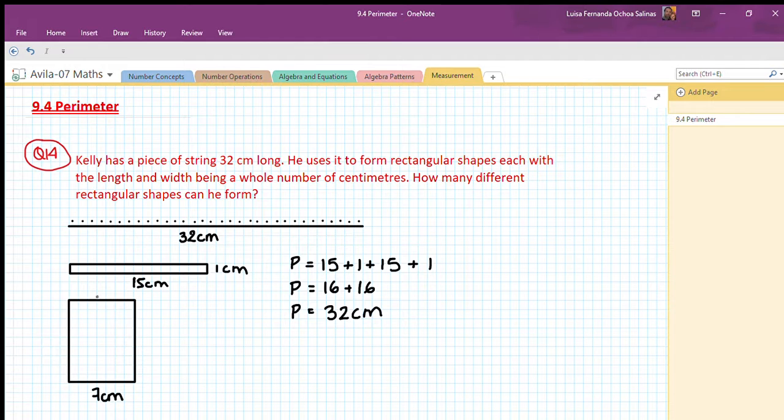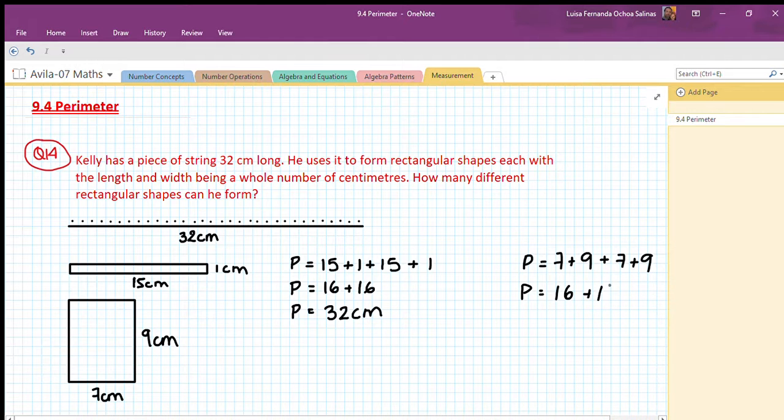So if I find the perimeter of the second one, it's going to be 7 plus 9 plus 7 plus 9. And the perimeter is equal to 16 plus 16. Therefore, the perimeter is equal to 32 centimeters.